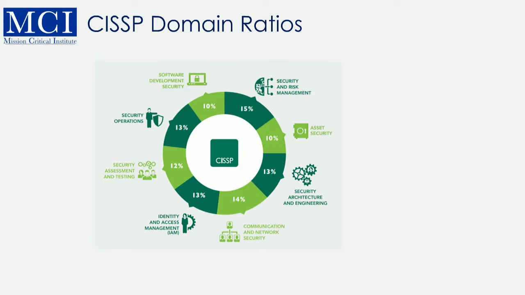So, for instance, in the security and risk management domain, 15% of the total questions could be coming from that domain. My point is that content doesn't change, but the format that the exam presents to you in terms of how you get asked is going to change.